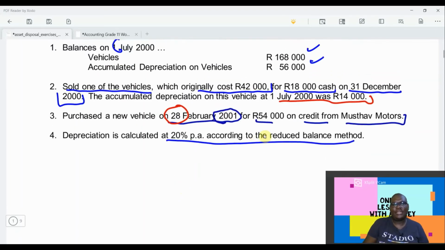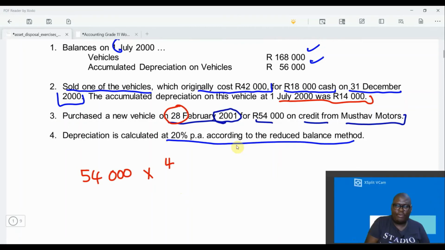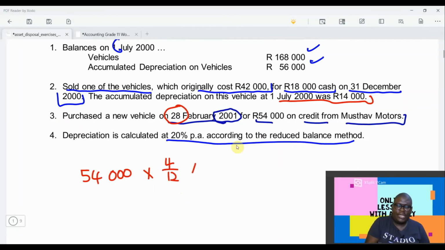So we can do that here for this one. We're going to say 54,000 multiplied by 4 over 12, and then multiplied by 20 over 100, and then we get our depreciation.